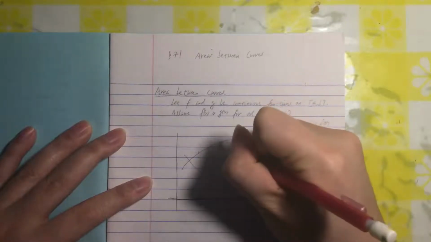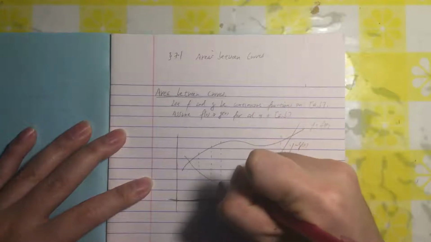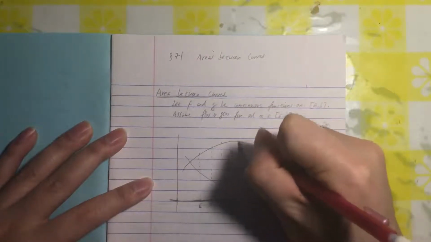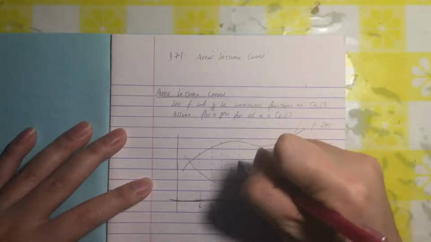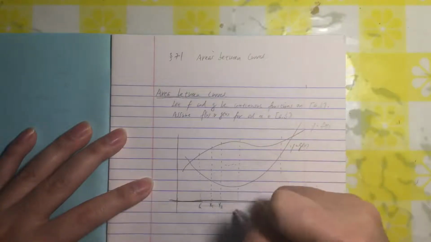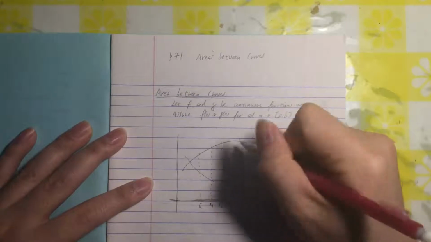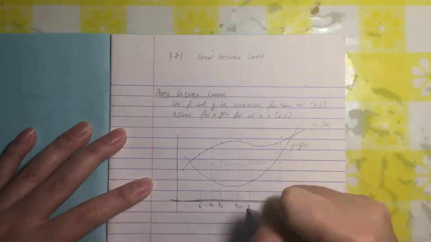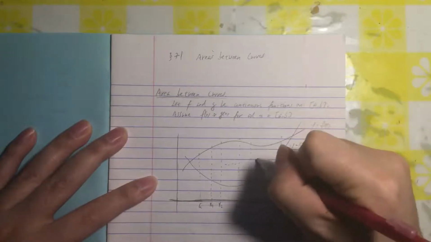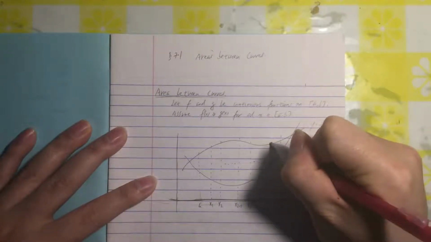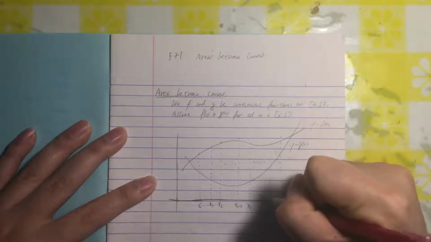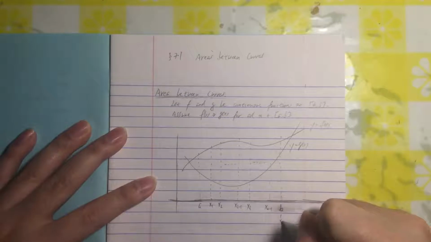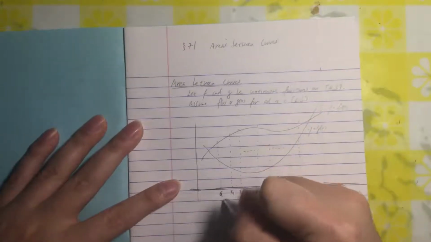Assume that's S1, that's S2, continue, that's x sub i minus 1, that's x sub i, continue, that's the last subinterval, x sub n minus 1, and b is x sub n, a is x sub 0.